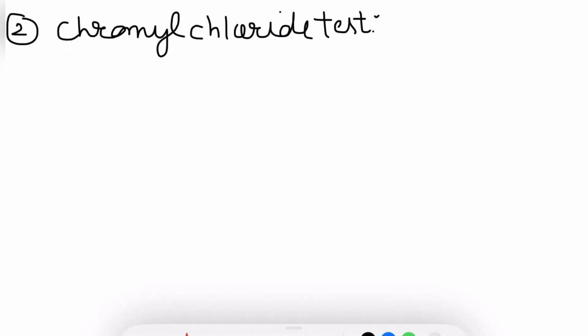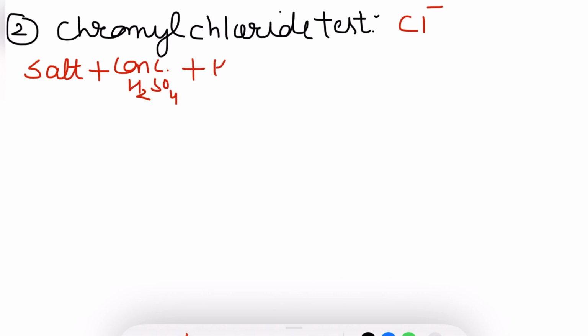Chromyl chloride test. This test we perform for the chloride radical. We take a salt in a test tube. To this we add a few drops of concentrated sulfuric acid. Then we add potassium dichromate, which is orange in color, and heat the reaction mixture.